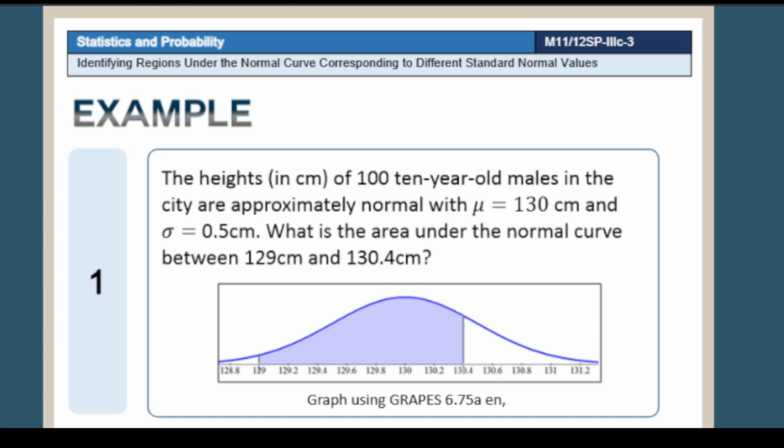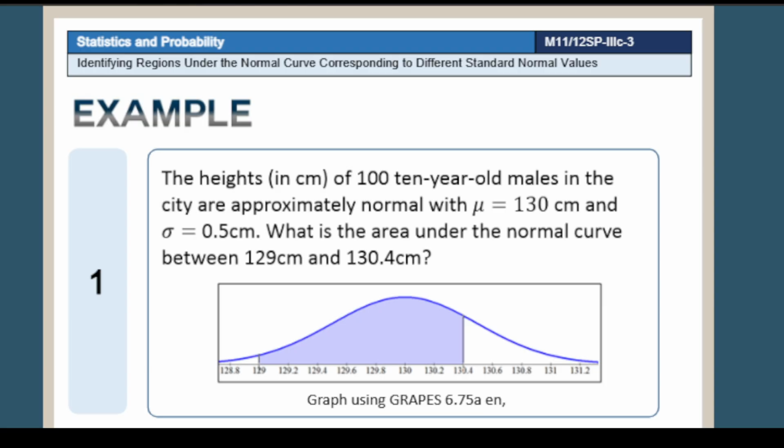So for example, the heights in centimeters of 10-year-old males in the city are approximately normal with a mean of 130 centimeters and a standard deviation of 5. So what is the area under the normal curve between 129 and 130.4?